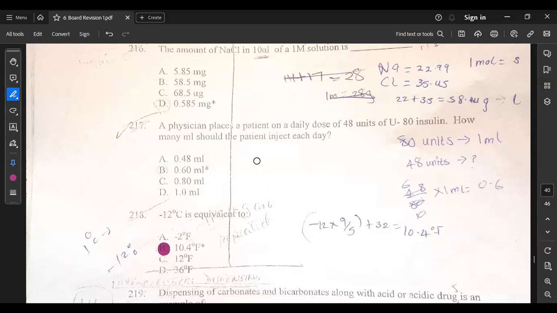A physician places a patient on a daily dose of 48 units of U80 insulin. How many ml should the patient inject each day? How do you work out question 217?